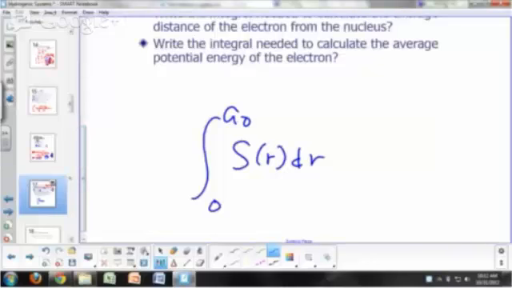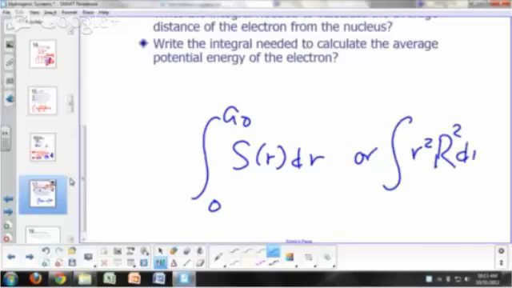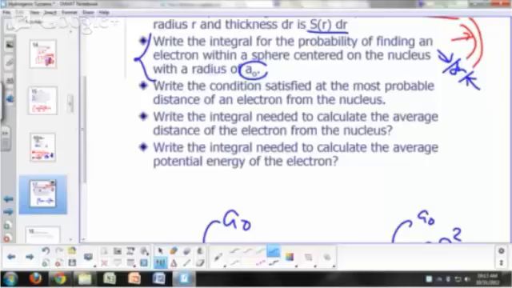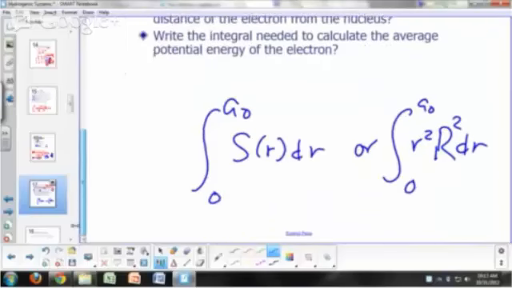Or you can say integral of little r squared times big R squared dr from 0 to A0. That's the answer to that question. This is just the expression for your surface density or radial distribution function.